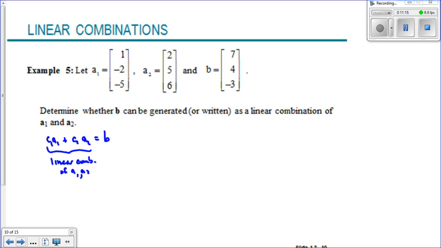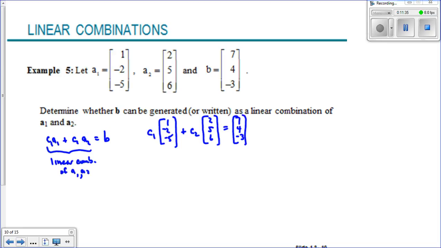Okay, so what does that look like then? Well, algebraically, this is c1 times the vector a1, which is 1, negative 2, negative 5, plus c2 times the vector a2, which is 2, 5, 6, and we want that to be the vector 7, 4, negative 3.